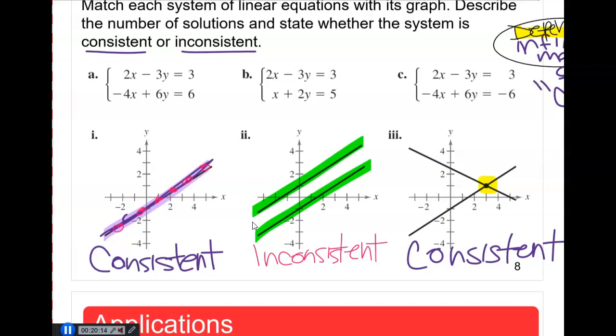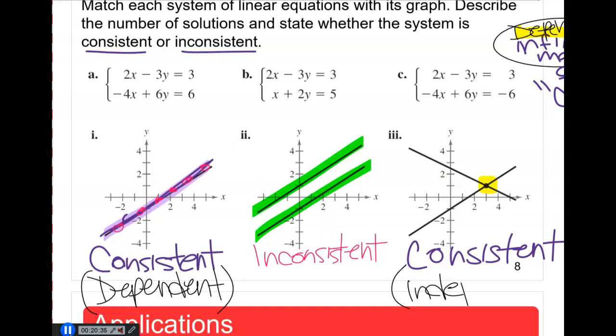I'm also going to add that the first one is considered to be dependent, and the third one is considered to be independent. Like that. Now we need to match them.